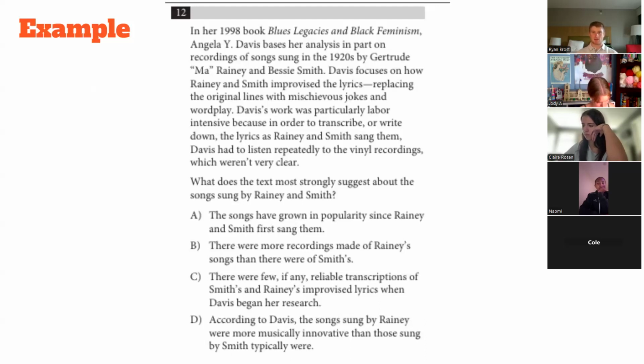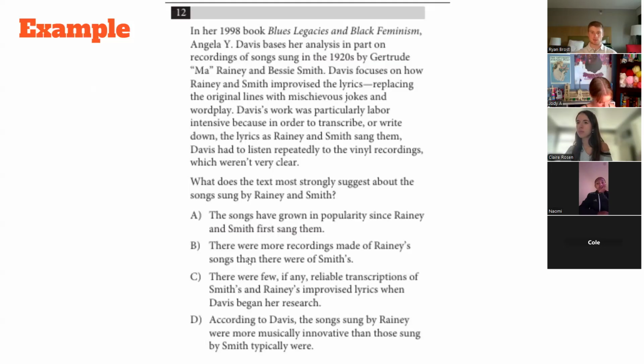There's not really anything that would indicate that in this text. It's not comparing. And then D, according to Davis, the songs sung by Rainey were more musically innovative. So again, there's no real comparison between the two. And then A, the songs have grown in popularity since Rainey and Smith first sang them. There wasn't really anything said about how popular the songs were.